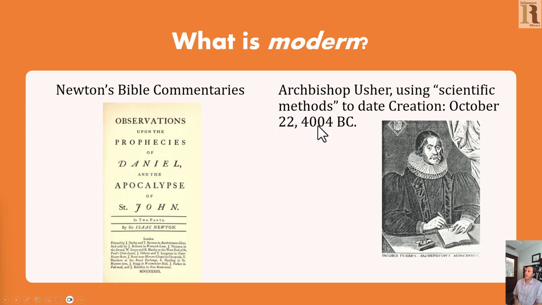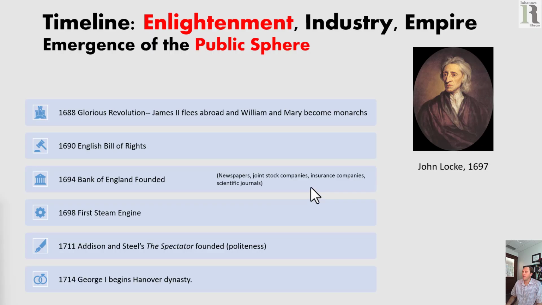But the interesting thing about Archbishop Usher is that he was a thoroughly scientific and modern man and was trying to use all the latest innovations in science and research to determine accurately the date of creation. So neither of these guys thought of themselves as being anti-science, obviously. They were committed to knowing as much about the world fully as they could.